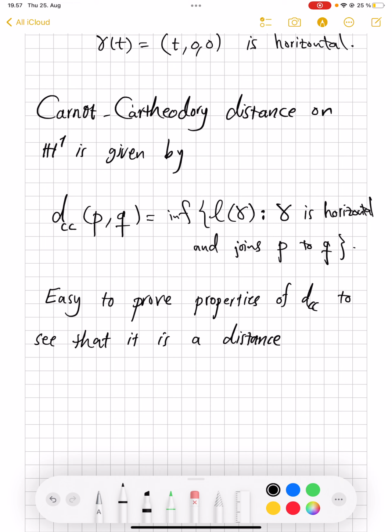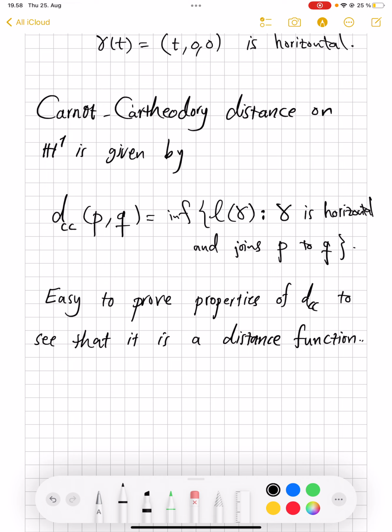For example, it's never negative, obviously. It's 0 if and only if p equals q. The triangle inequality is pretty obvious, because if you have a horizontal curve from p to q and then from q to s, you can concatenate and get a horizontal curve from p to the third point.